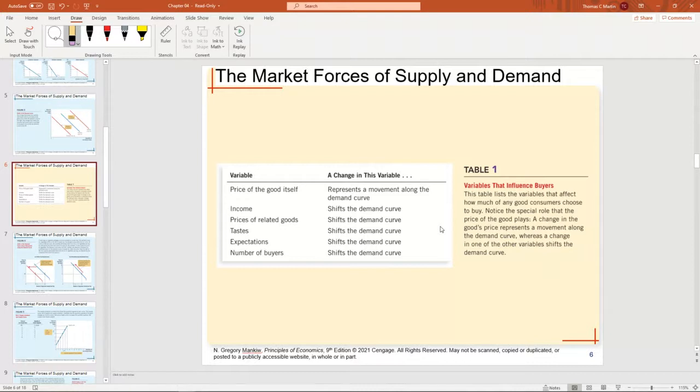Now, if Coke discounted their price to $1.25 and Pepsi remained the same at $1.50, Coke would get some of those buyers. So they would see an increase in demand, and Pepsi would see a decrease in demand.